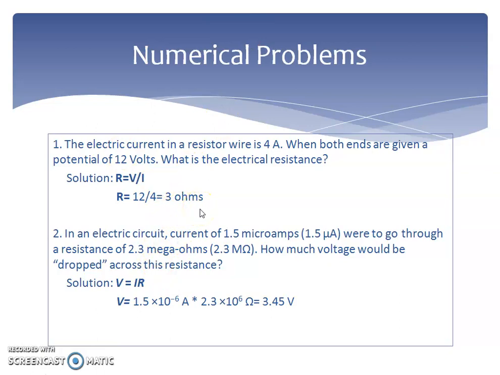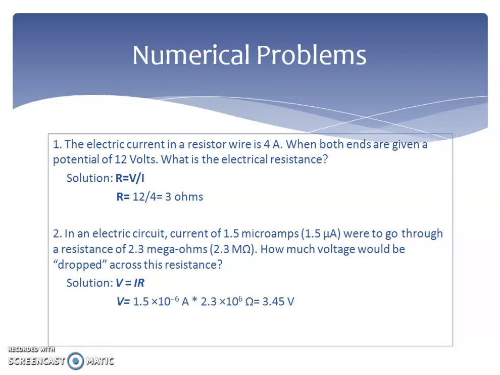Now we will move to the second problem. In an electric circuit, the current is 1.5 microamperes. What is micro? The mathematical value of micro is 10 raised to power minus 6.